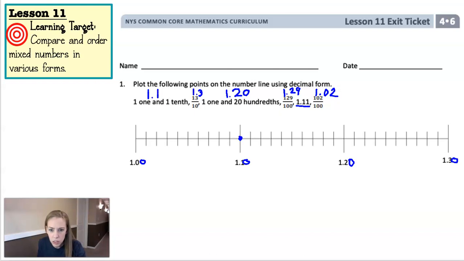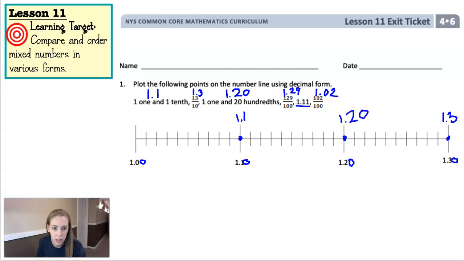Okay, that's already plotted, but 1.1. And then this one is 1.3. Over here, again, it's already labeled, but we'll do it again just to be thorough. 1 and 20 hundredths looks just like this, and it's not confusing because we added our 0 over here.